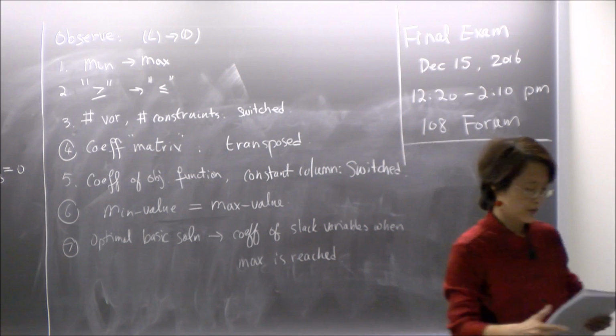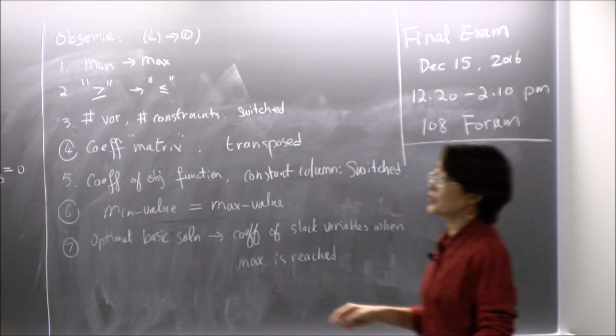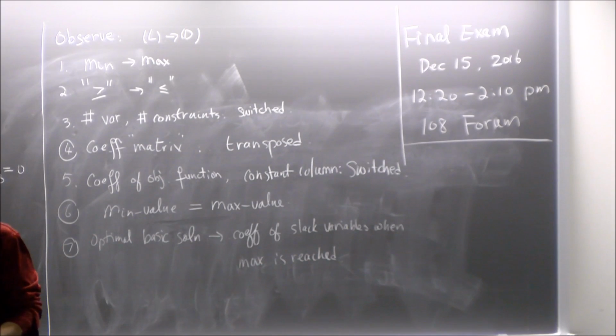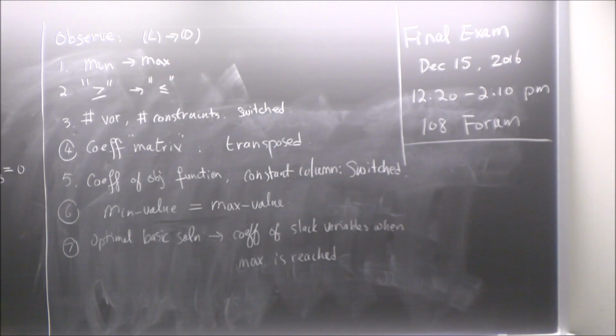Okay, so that is later on another theorem, the slack variable theorem. Okay, so now you see these two problems are so tightly connected. Just by observation, by taking this first example, then of course we will do a lot more.